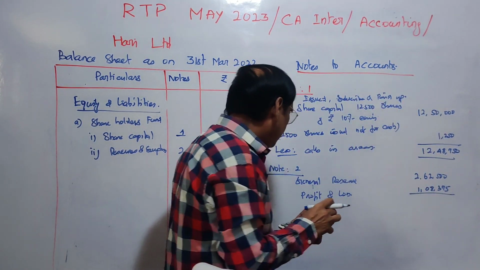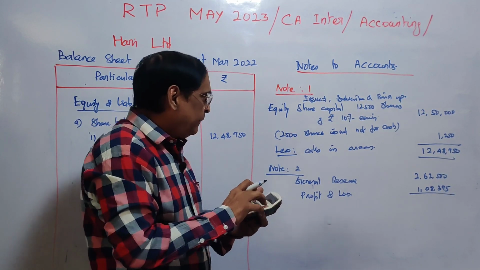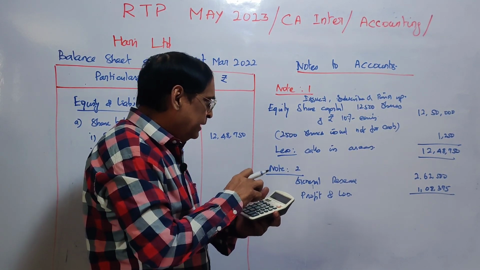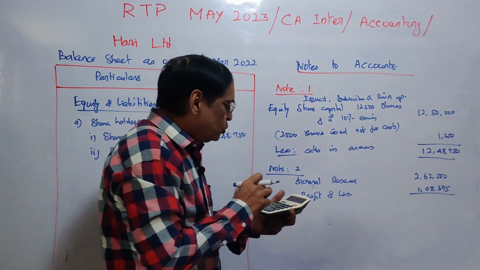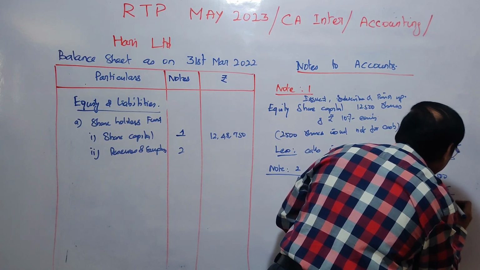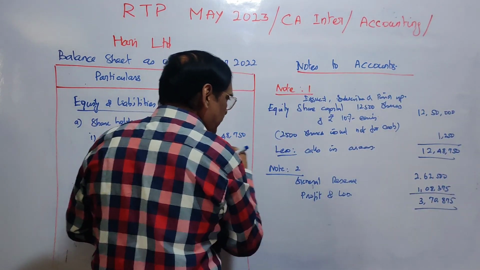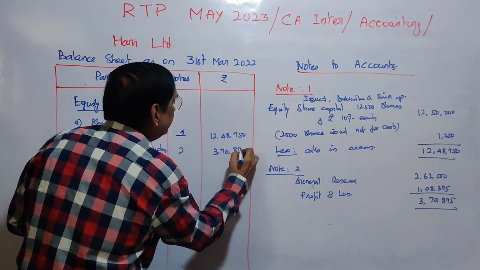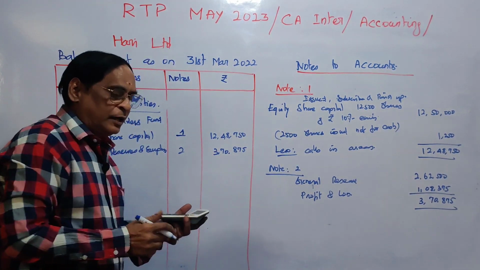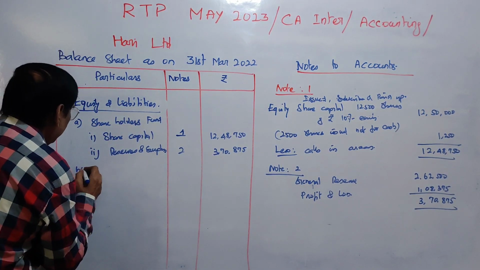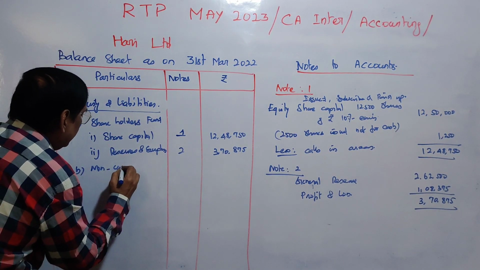So the total reserves and surplus is 2,62,500 plus 1,08,375, so it is 3,70,875. It should appear here. And then one more item: B, non-current liabilities.